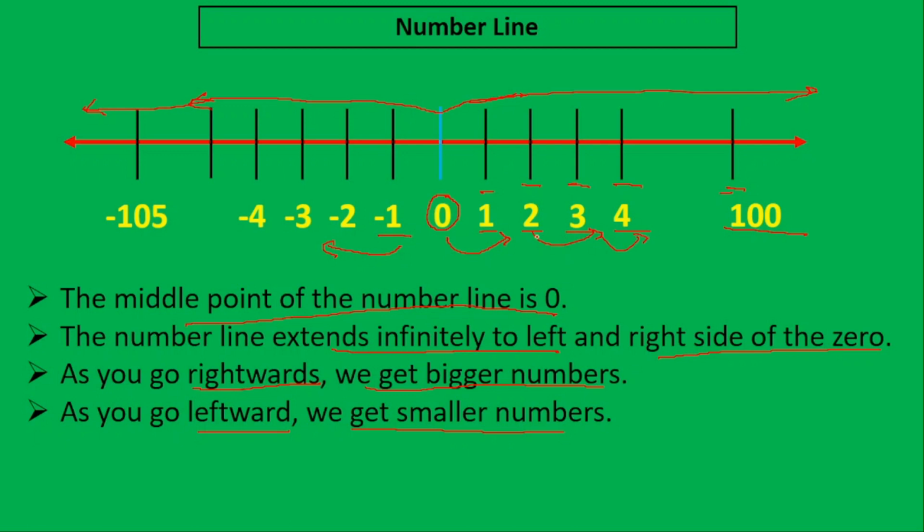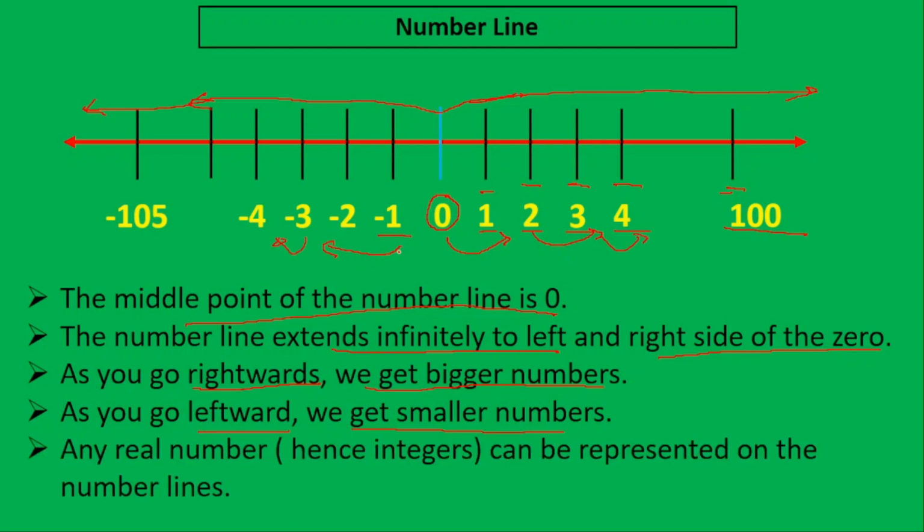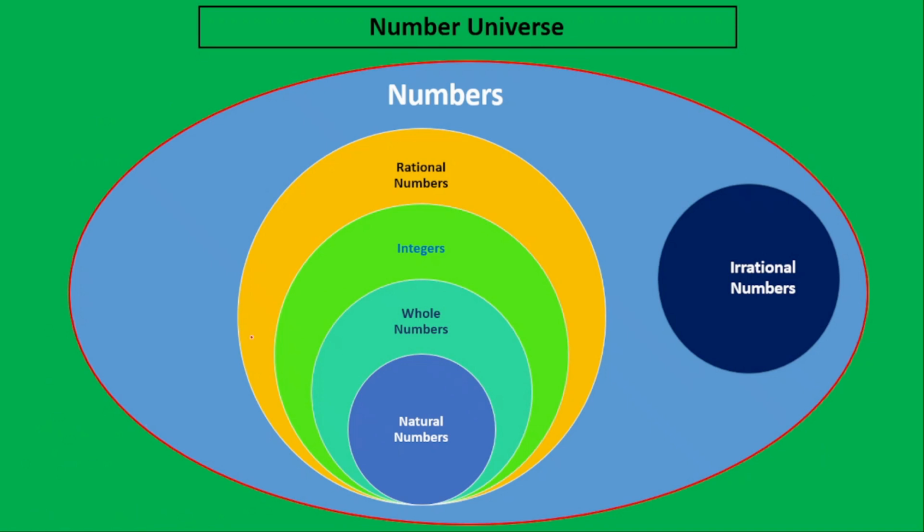Meaningful job. This concept, rightward is bigger, leftward smaller. Any real number and integers also can be represented on the number line. Doesn't matter how big or small it is. Now again we are coming to the number universe.